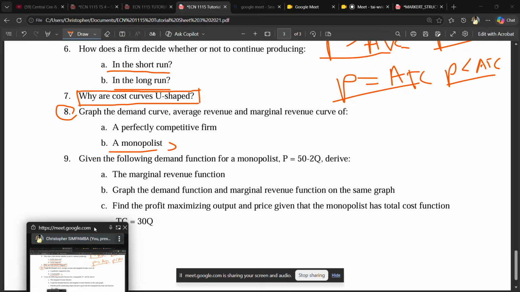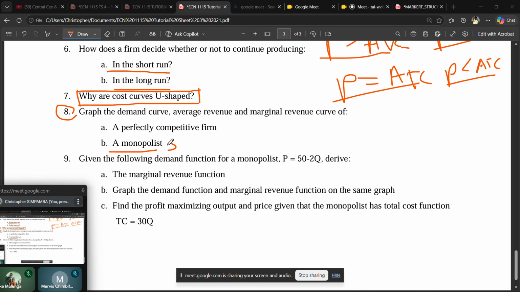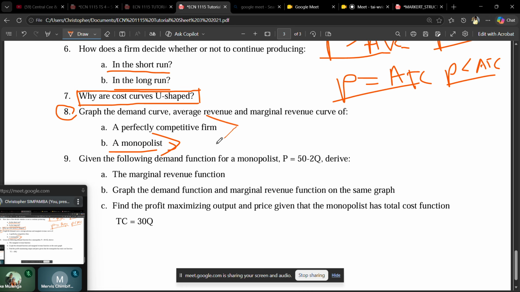So we're going to draw for a monopoly and a perfect competition, right? We know that for perfect competition, the demand curve, the average revenue, and the marginal revenue are all the same. It's just a horizontal summation of all the firms found under perfect competition.